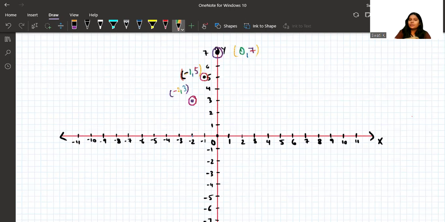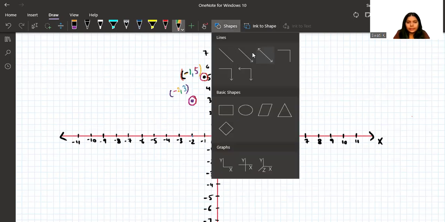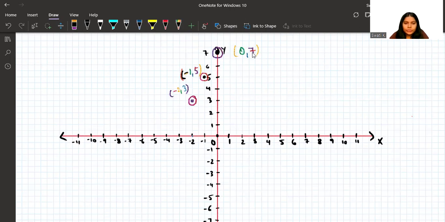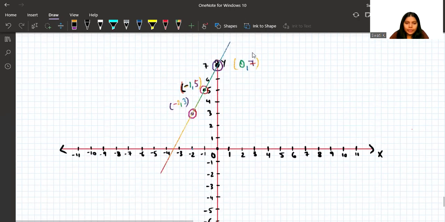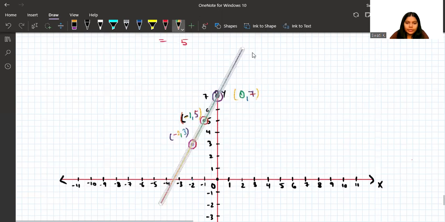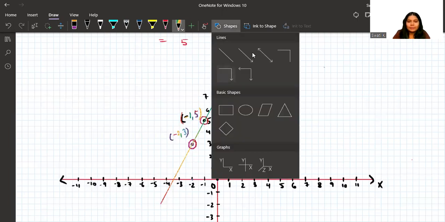Now we have to join these 3 points and extend it infinitely in both directions. You take a line and draw it in such a way that it passes through all the 3 points. This is nothing but your graph of the linear equation y equals 2x plus 7, right?